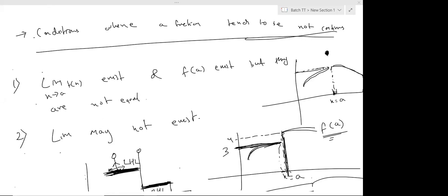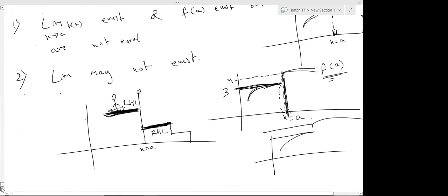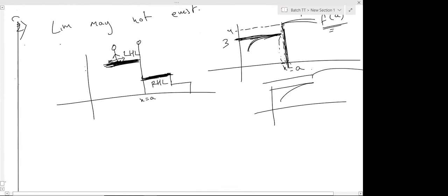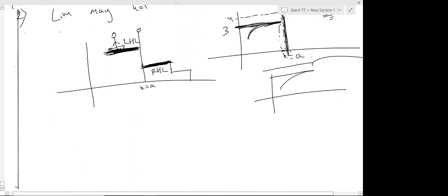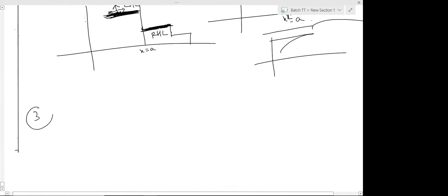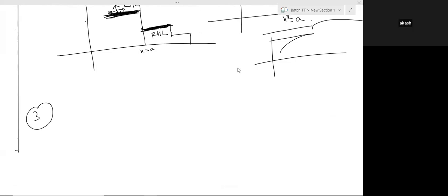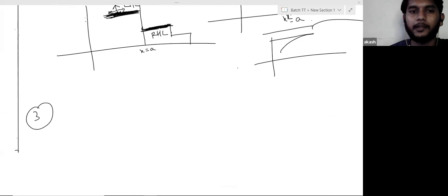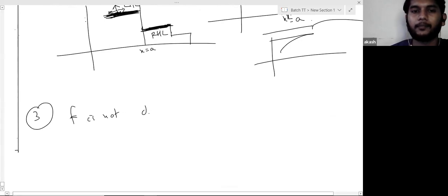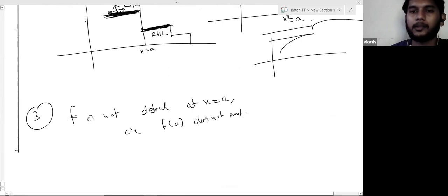All right, there is one more point on which a continuous function will not be possible. If the function is not defined at x equals a, that is, f of a does not exist, right?